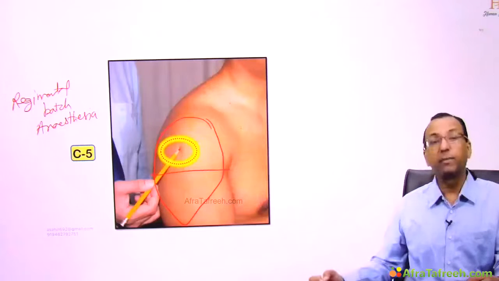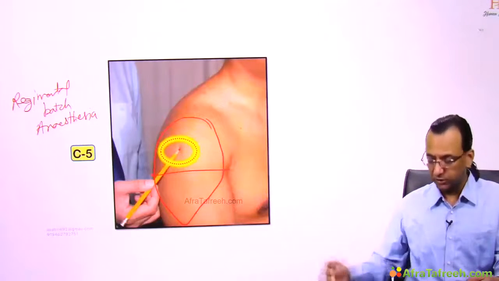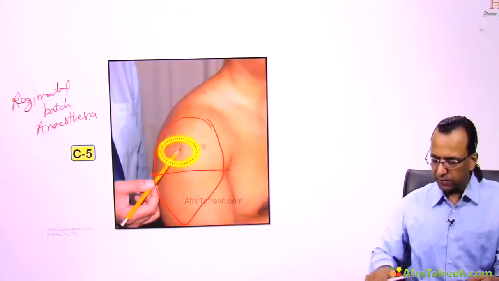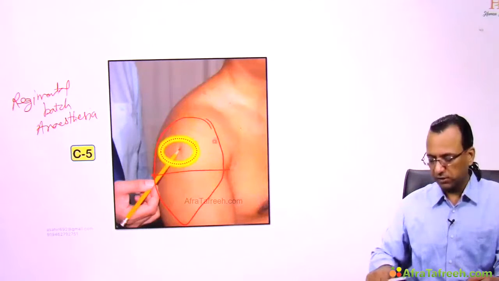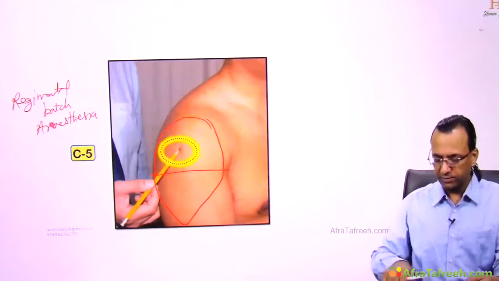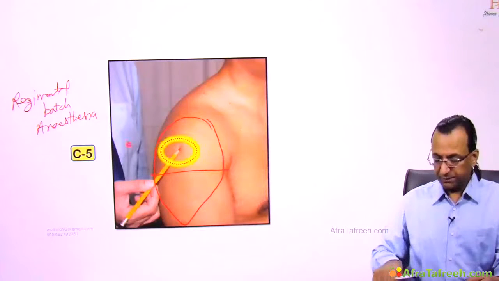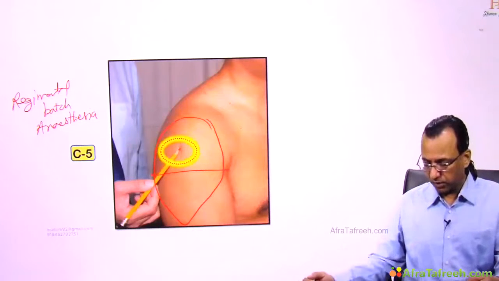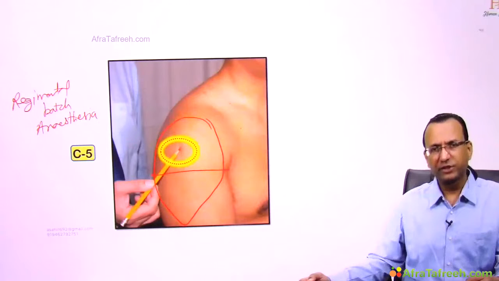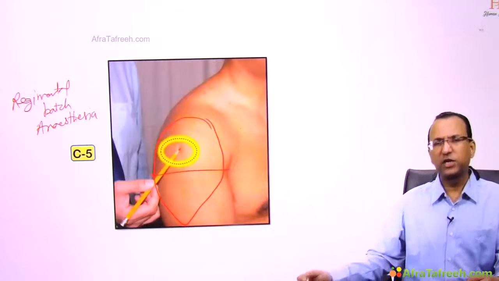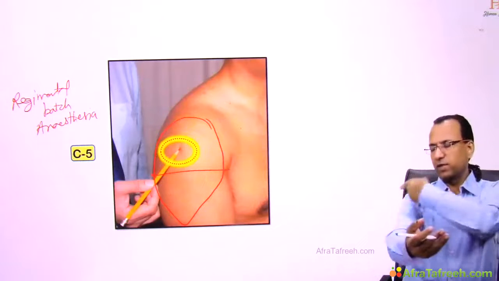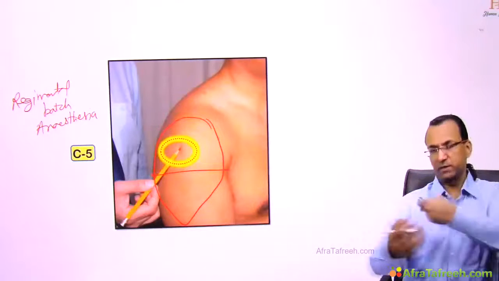The skin on the upper part of the deltoid has sensory loss, and it is called regimental badge anesthesia, because of axillary nerve involvement. This is one question which is coming. In Erb's palsy, there is sensory loss to the lateral aspect of the upper limb, including this particular area.